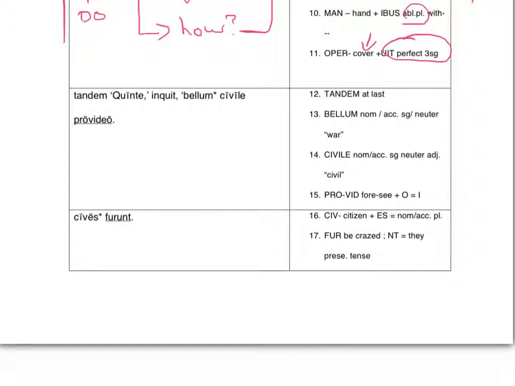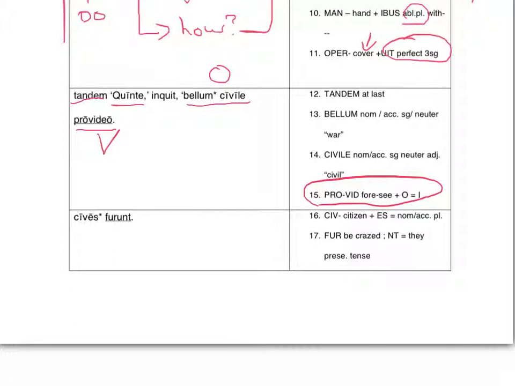The next one, there's tandem at the beginning. There's no problem syntactically. Then he begins the quote, Quinte, directly addressing Quintus. Quinte, bellum civile provideo. That was the first part of the quote. The verb, provideo, I foresee, it says here. What he foresees is bellum civile.